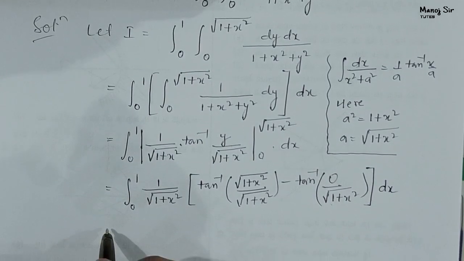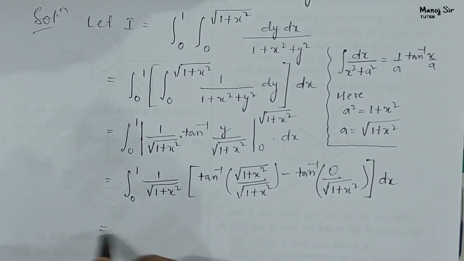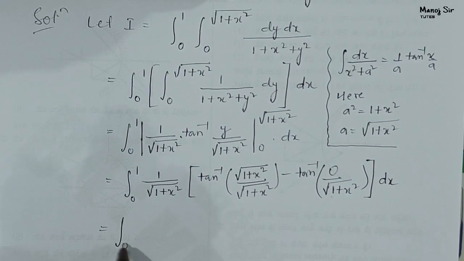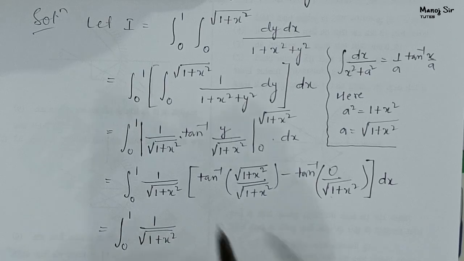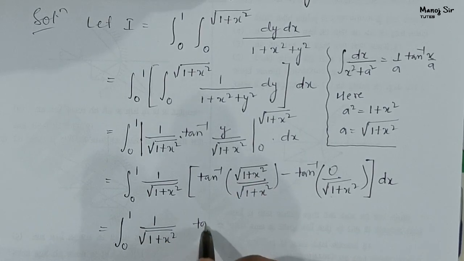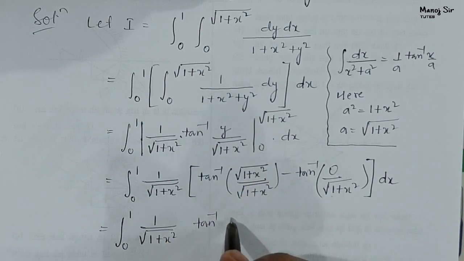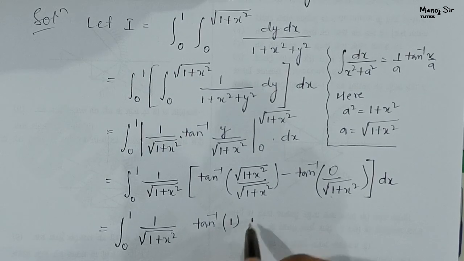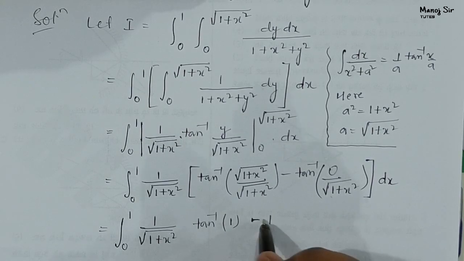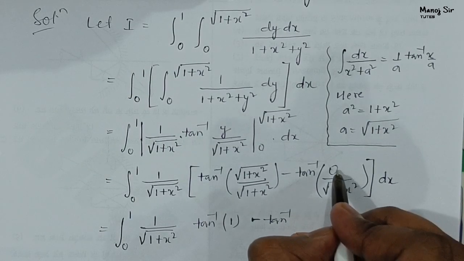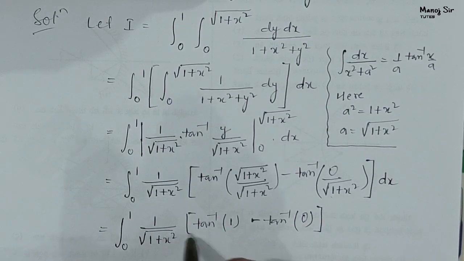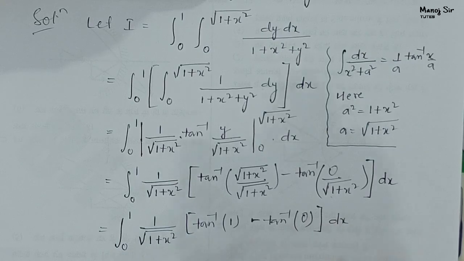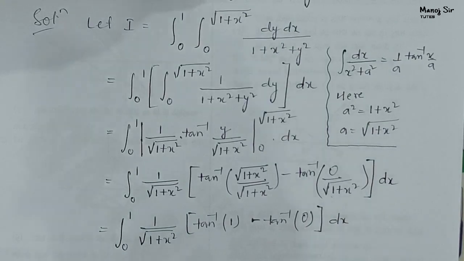Now again here we can see integration 0 to 1, 1 upon root over of 1 plus x square. This will be tan inverse of 1, minus tan inverse of 0 upon anything, which will be 0. So closing this bracket again, we will write dx. Don't forget to write dx.